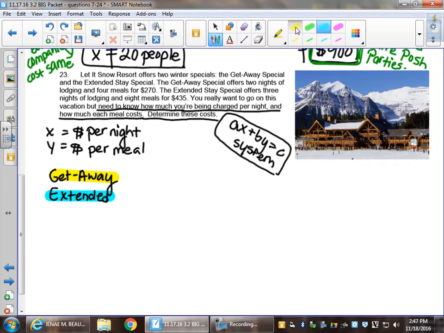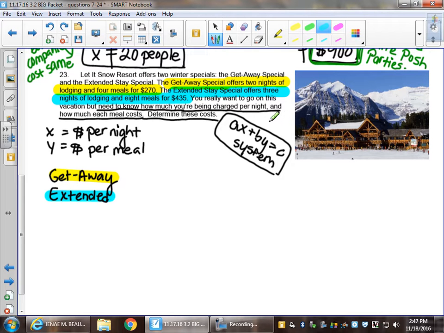Let's go see what we can find out about Getaway. The Getaway Special offers 2 nights of lodging and 4 meals for $270. And then we know the Extended Stay Special offers 3 nights of lodging and 8 meals for $435.